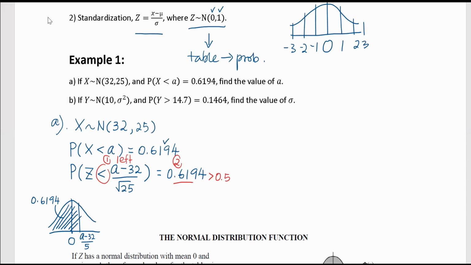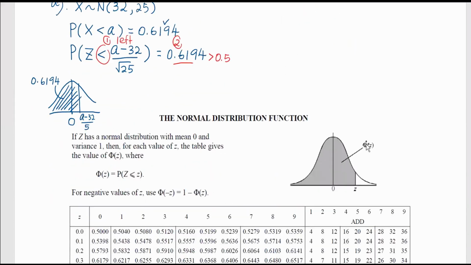Okay. Now we refer to the table. Don't forget, when we use the table, this diagram sketch here is telling you this table is constructed in such a way that for the z-score, we always refer to the positive value here, and the area will always go to the left.